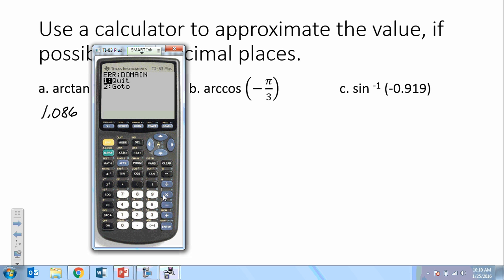Why did it give us an error? What happens if we insert parentheses around it?